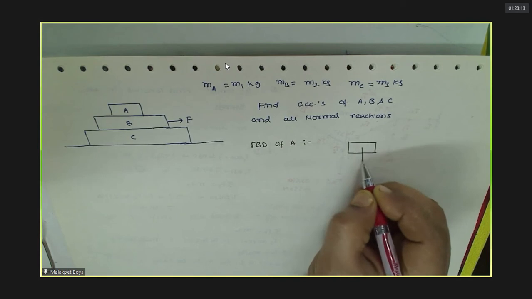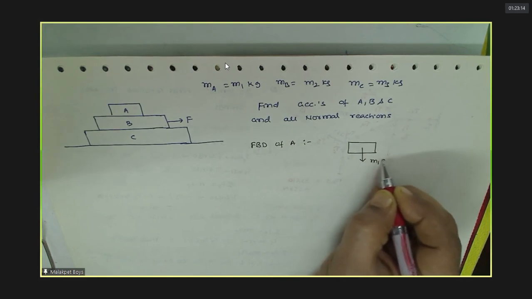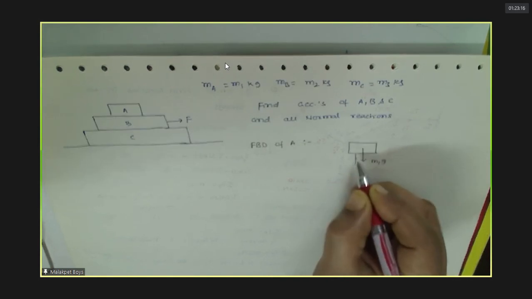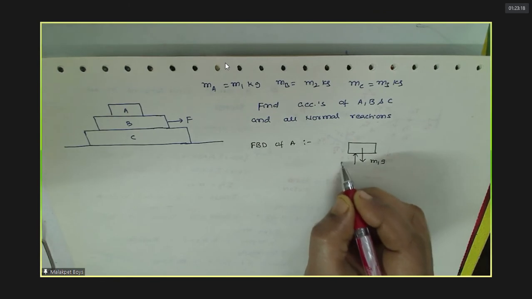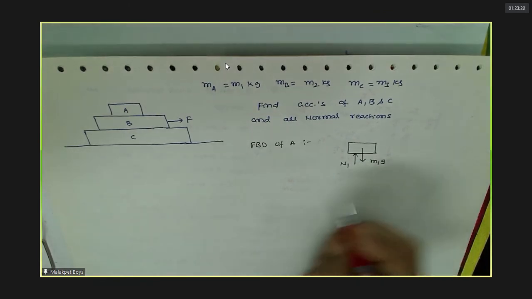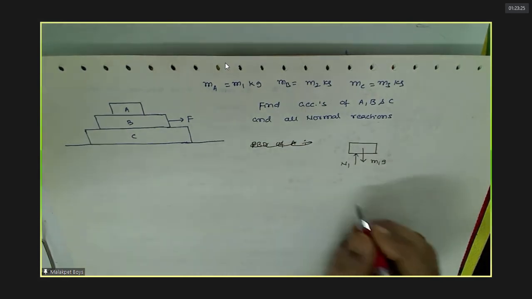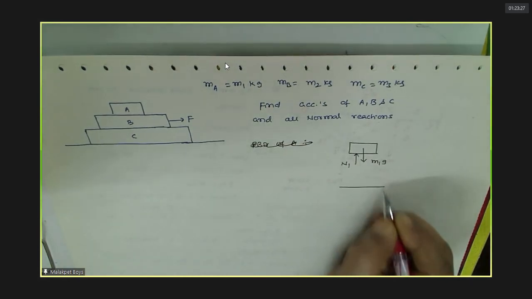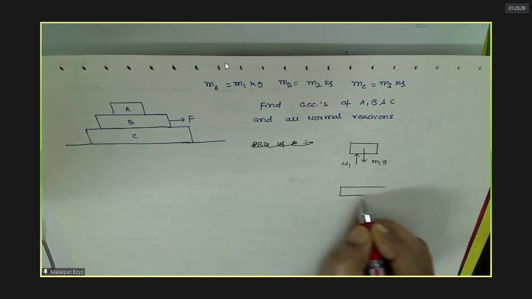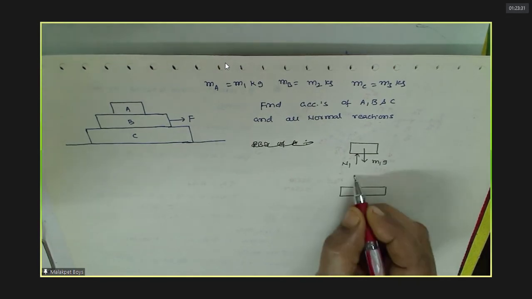This has a weight. There is a normal reaction. I'll call it N1. We'll first draw directly all bodies together. It will be easier for us. So this is N1. Do you agree with this?